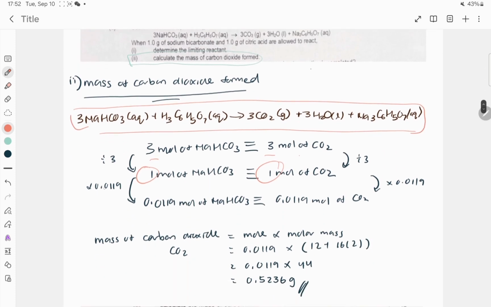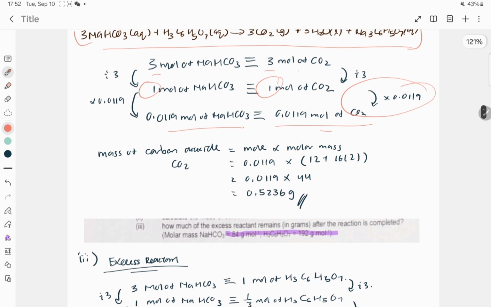We multiply by 0.0119, and here also the same, we multiply both parts. So if we use this amount, we will produce 0.0119 mole of carbon dioxide.